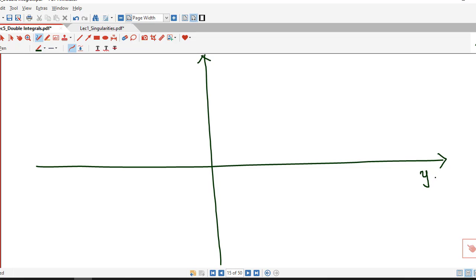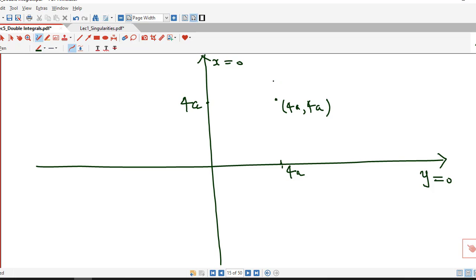This is x-axis, means y equal to 0, this is x equal to 0, and suppose this distance is 4a. So here also we have to approximately consider, suppose this distance on x-axis is 4a. So this is the point 4a comma 4a.